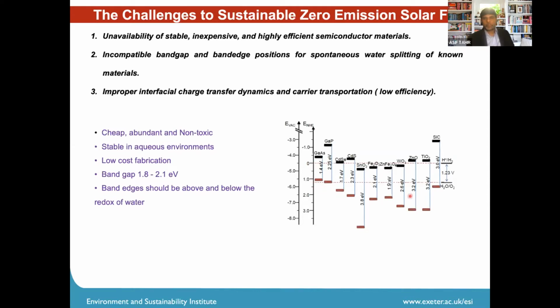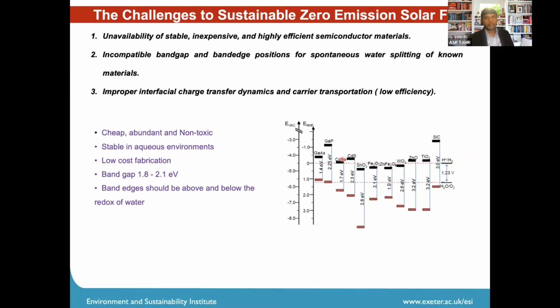Most of the known materials like titanium dioxide, zinc oxide, tungsten oxide, and iron oxide are very stable, easily abundant and low cost. However, either they have a large band gap, so they cannot absorb the visible light of the solar spectrum, or their conduction band edge position is below the reduction reaction of water where hydrogen evolution takes place.